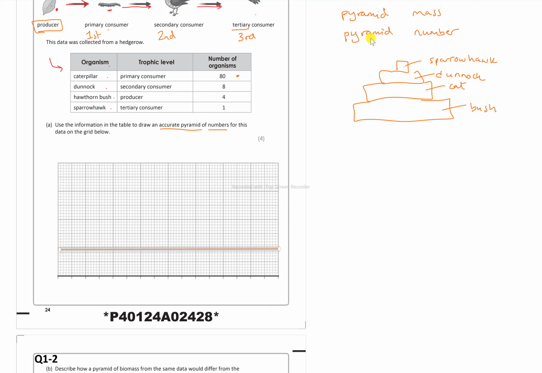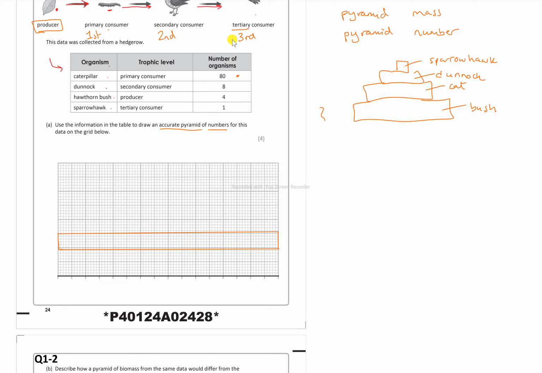I can draw a line, 80. I can draw another line. I could draw it here at 80. And I could then just join these. So let's pretend I've got a ruler.